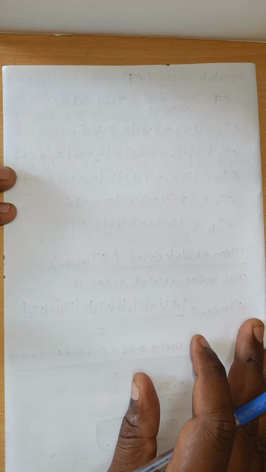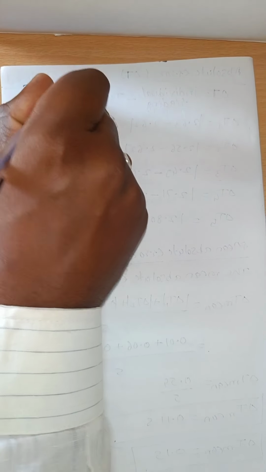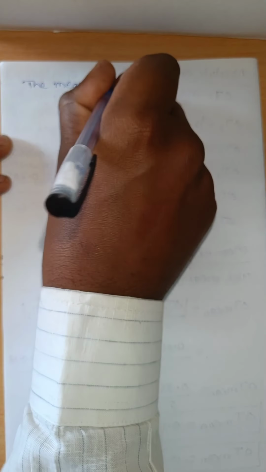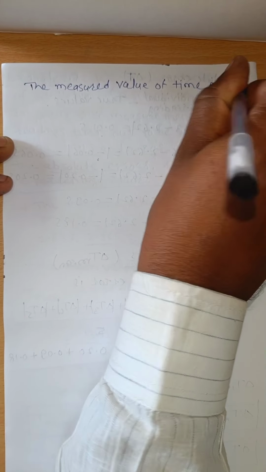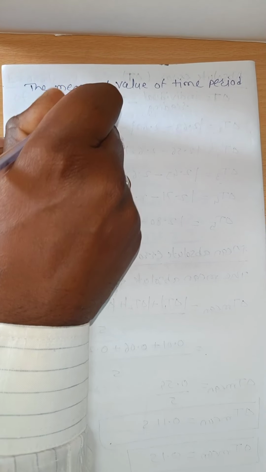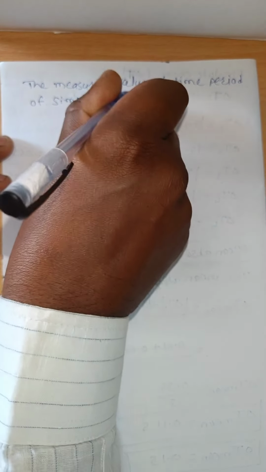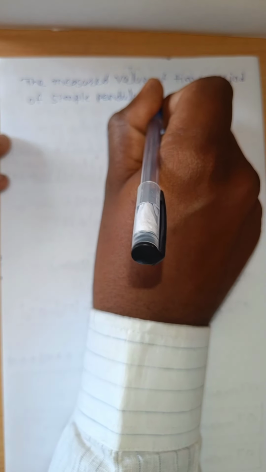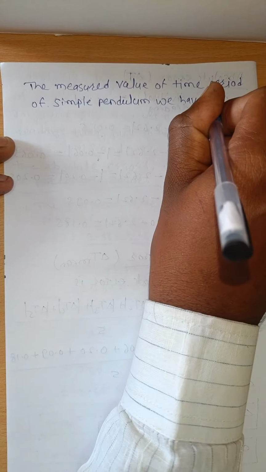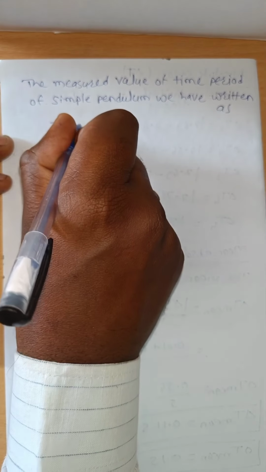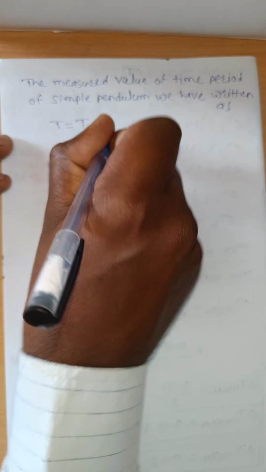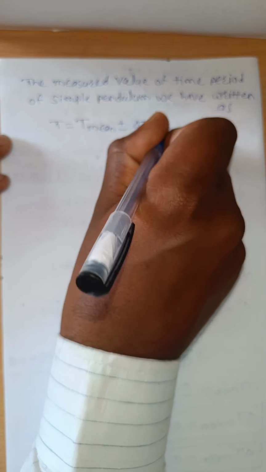Therefore, when we write the measurement, the measured value of the time period of a simple pendulum is written as t equals t mean plus or minus delta t mean.